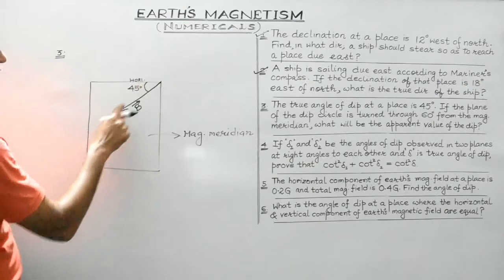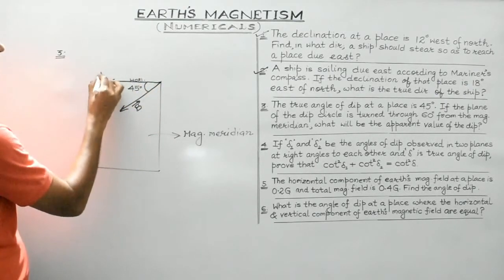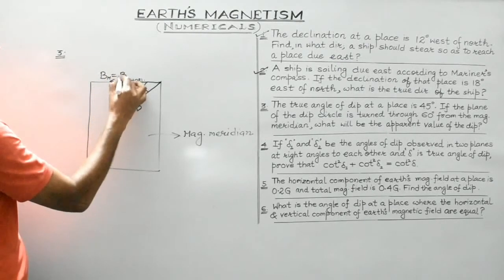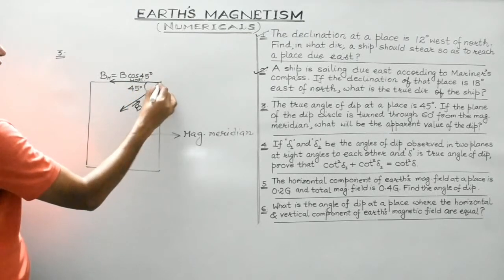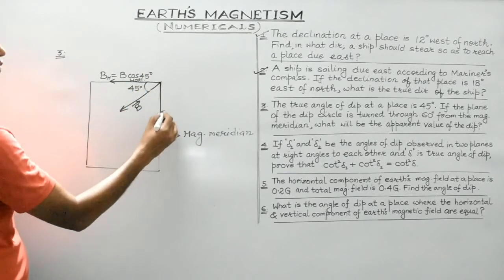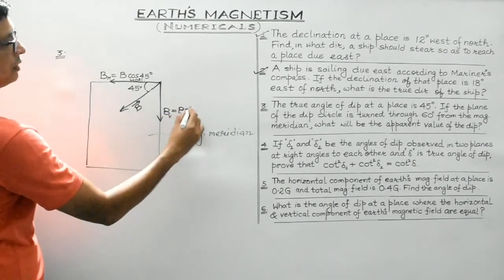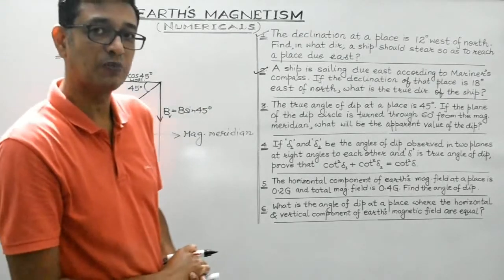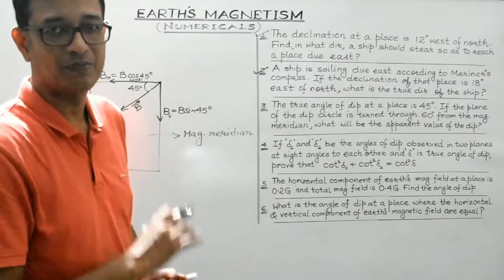So if you resolve this B, then this is BH, it will be equal to B cos 45 degree, and this is BV, the vertical component. It will be equal to B sin 45 degree. BH is the horizontal component of the Earth's magnetic field. BV is the vertical component of the Earth's magnetic field.